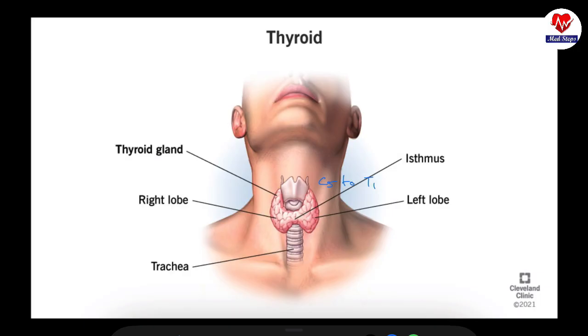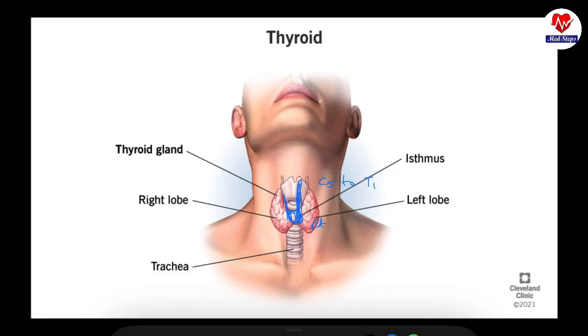It has three different parts: one is the right lobe, next the left lobe, and in between we call the isthmus. In some patients we can see a pyramidal lobe, a hook-like structure coming up from the isthmus, which is present in about 50% of patients.